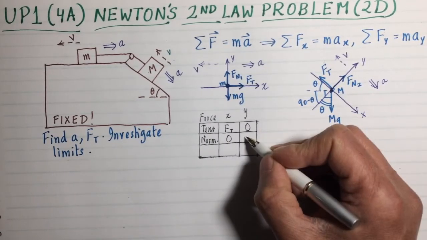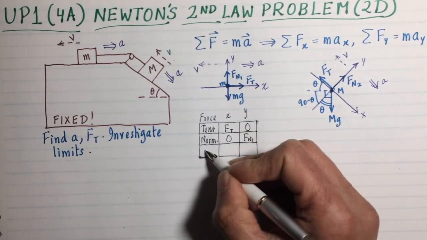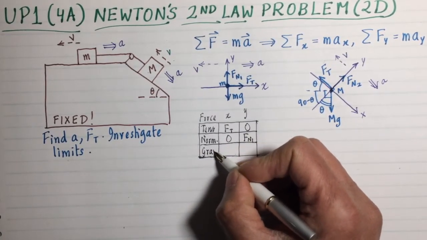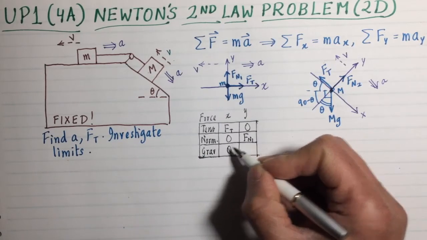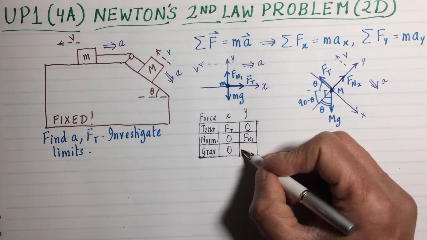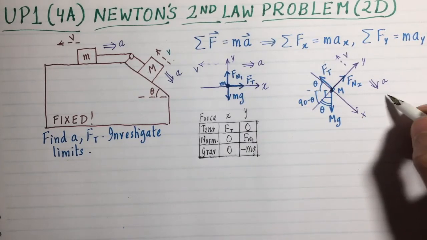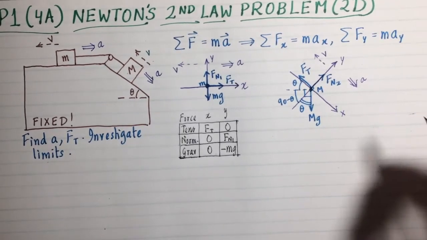X component 0, y component positive Fn1. Lastly, gravity, x component 0. I'm just looking at this diagram and reading it off. Y component negative mg. The table faithfully reproduces whatever you've drawn in the free body diagram.